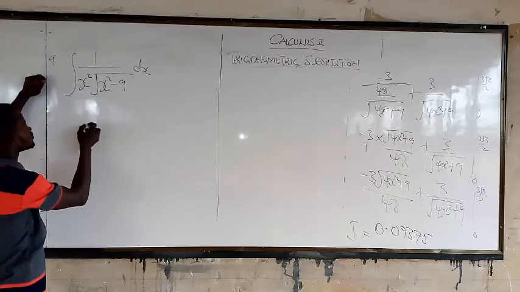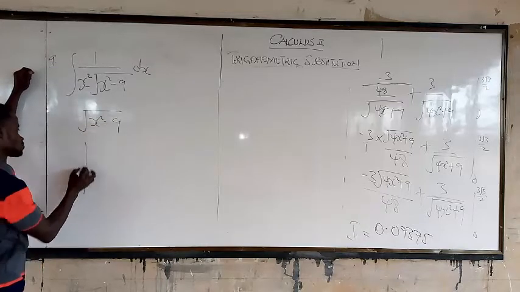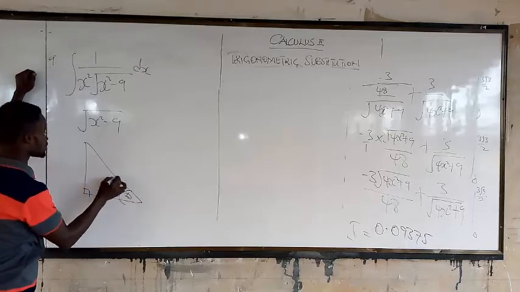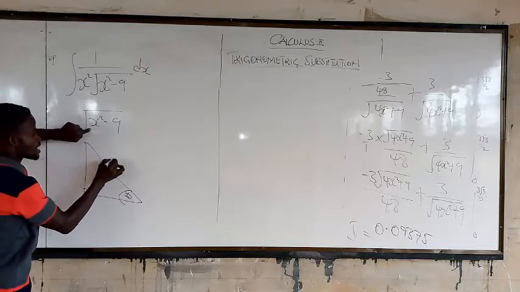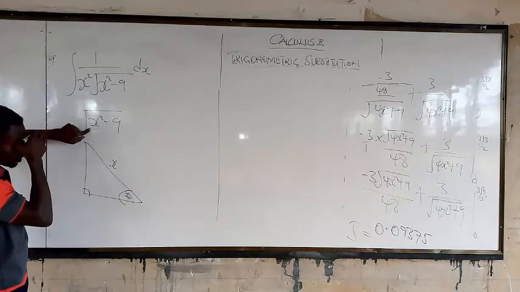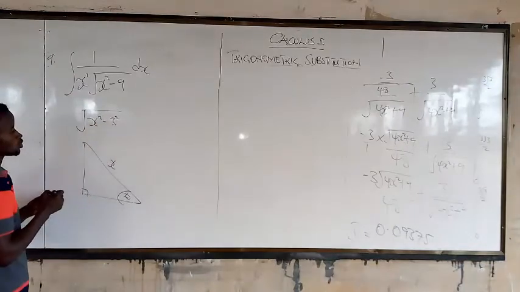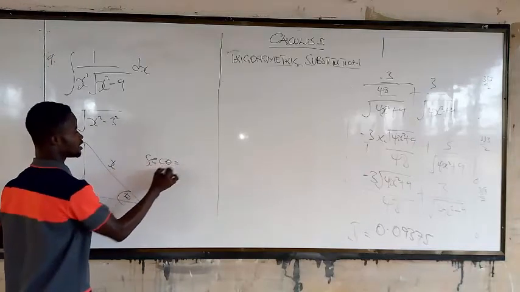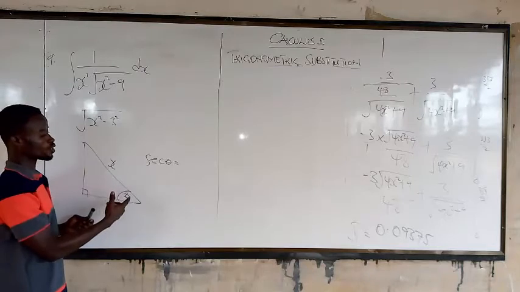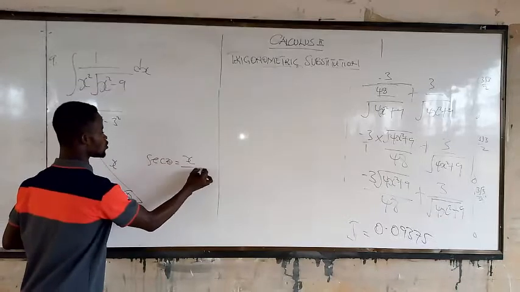Let's bring out this x squared minus 9. Theta will be here. This is a sine. This is positive, so the s will come here. This here is going to give you 3 squared. So if you have this here, then let's try sec theta. Sec theta will be r, that is the hypotenuse over the adjacent, so s over the adjacent.